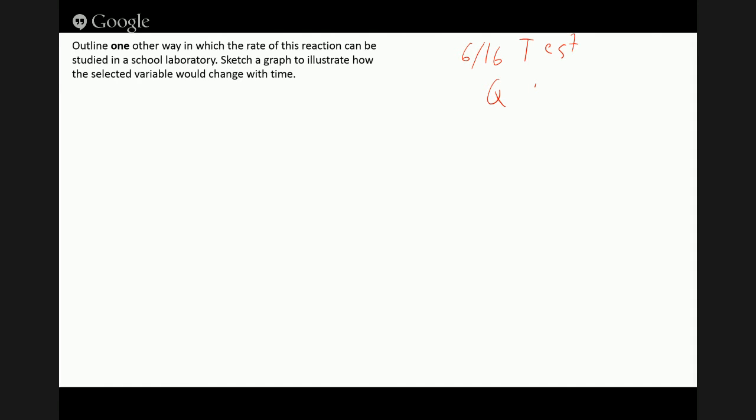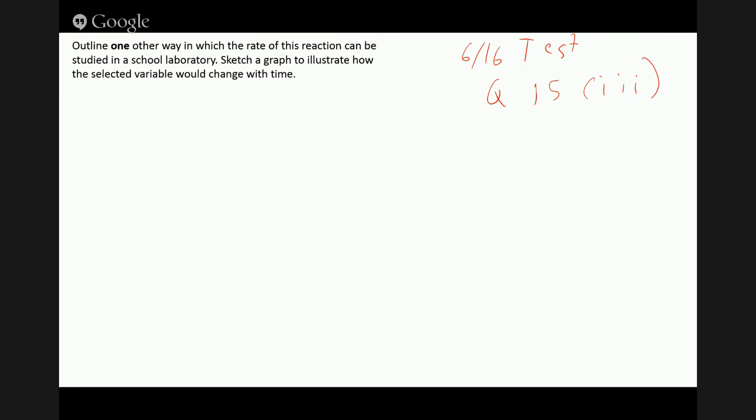So I'm answering a question from the test. This is the 616 test. This is question 15II. To outline one other way in which the rate of reaction can be studied in a school laboratory, sketch a graph to illustrate how the selected variable would change with time.